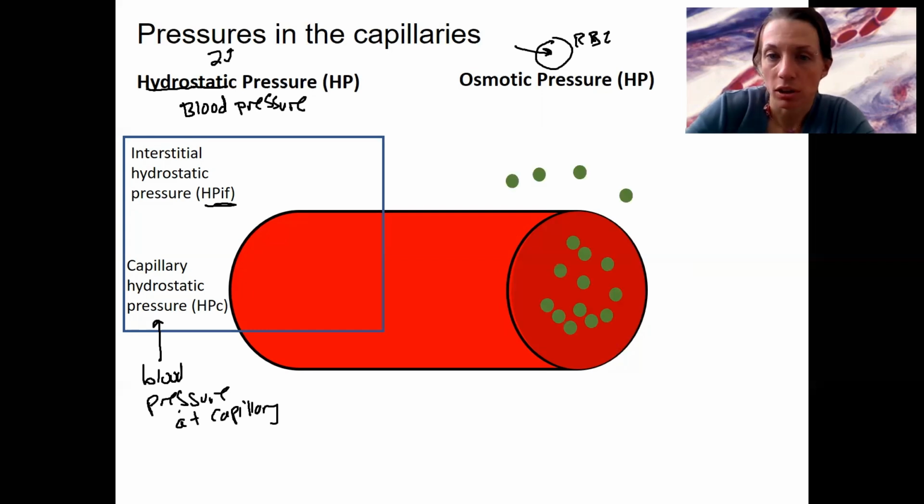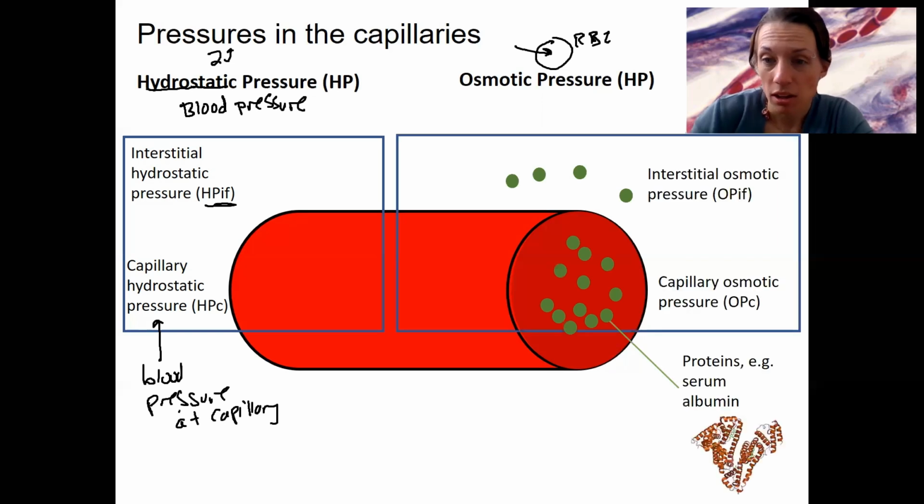The other pressure is osmotic pressure, and here's my little schematic of this. What are these little green things, do you think? These are going to be various things that can't diffuse across the membrane. So proteins such as serum albumin, remember that protein is the most common protein in the plasma. And we said one function of that protein was to contribute to the osmotic pressure in the capillaries, in the blood. Remember that?